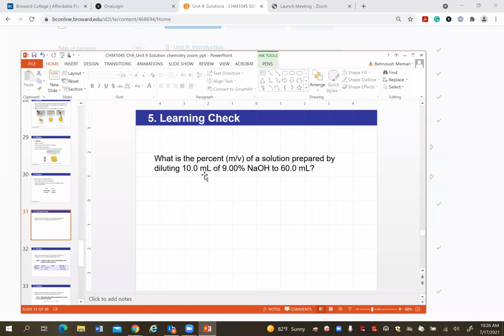If you dilute a solution, diluting 10 milliliter of 9% to 60 milliliter. What would be my first step? What should I do first? The formula used is C1 V1 equals C2 V2.